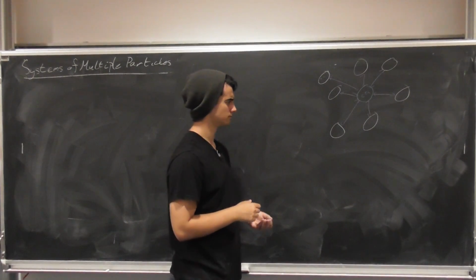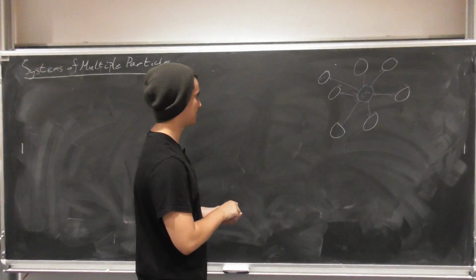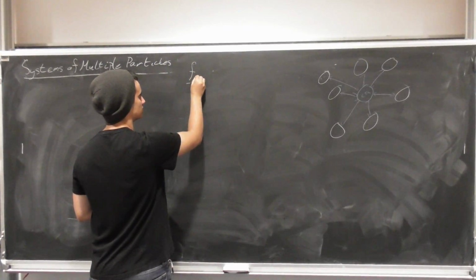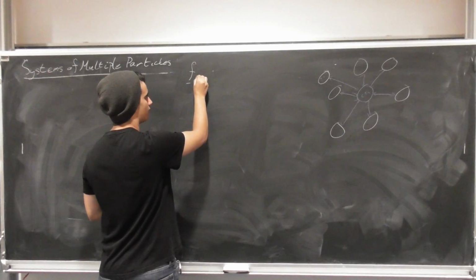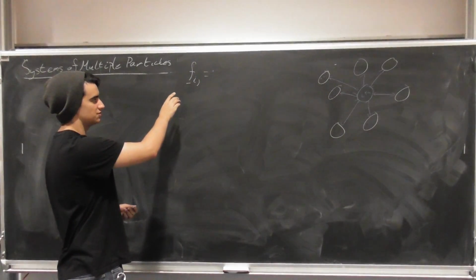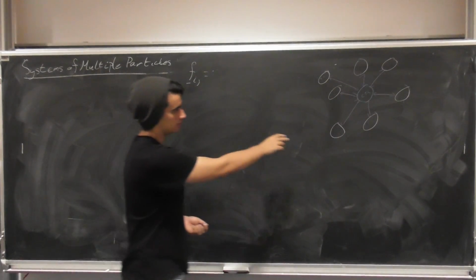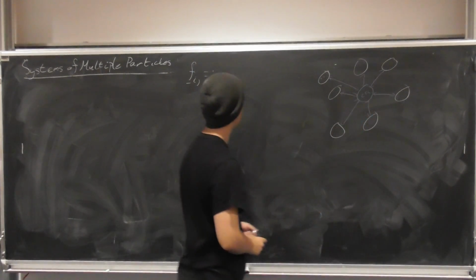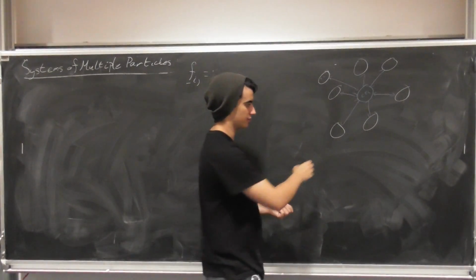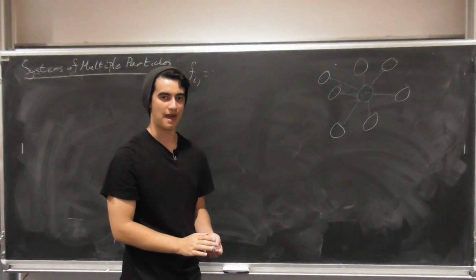So if we were to take this small f vector, and we'll denote it ij, this is the force being exerted on the ith particle, the one we're studying, by whatever jth particle. The jth particle could be this one, it could be this one, any of them, it doesn't really matter.